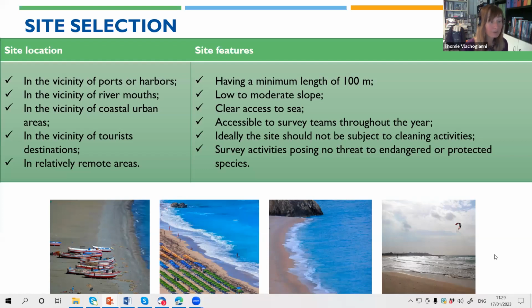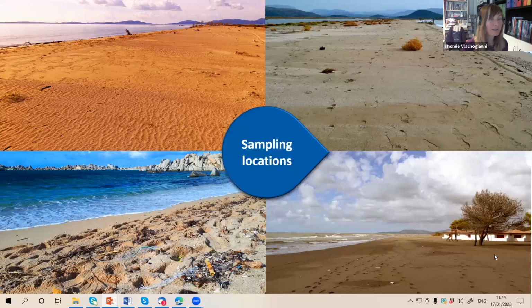And most importantly, the survey sites should not pose any threat to endangered or protected species. I would also like to add that the beaches need to be either sandy beaches or beaches that have relatively small pebbles. So here are some examples of sampling locations in the Mediterranean.